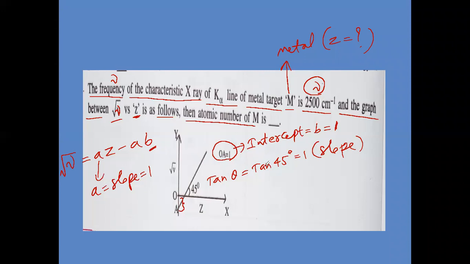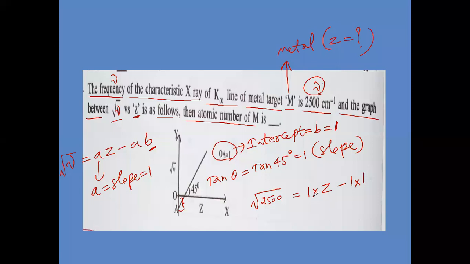Is that clear? Now what is asked to calculate here? The Z value. What is the value given? Frequency 2500. So the square root of 2500 is equal to A value 1 into Z value, which we don't know, minus A value 1 into B value 1.